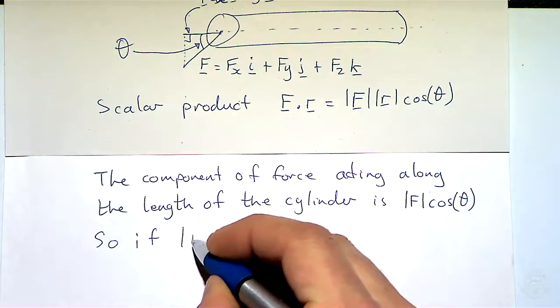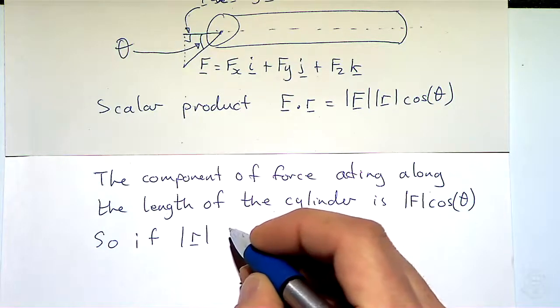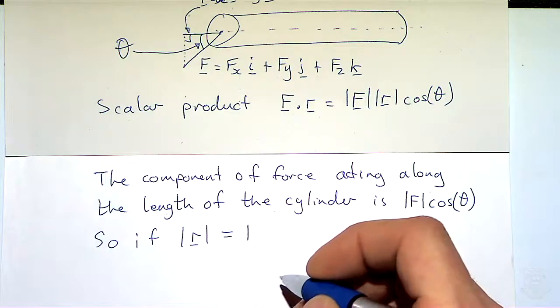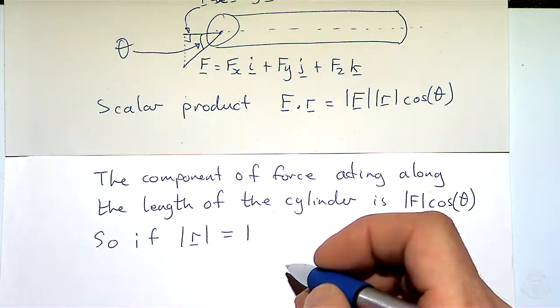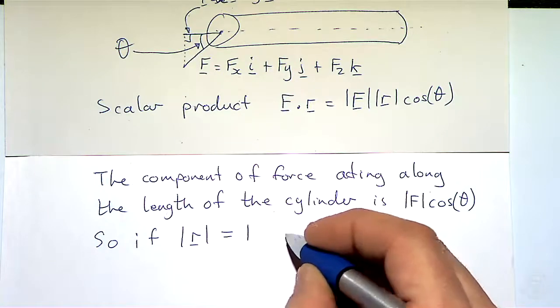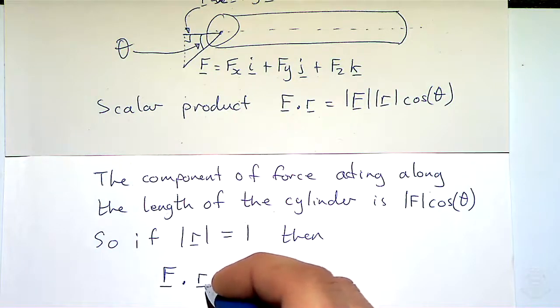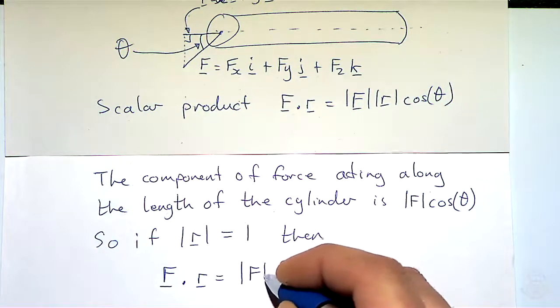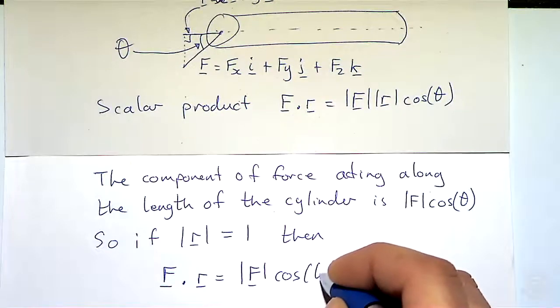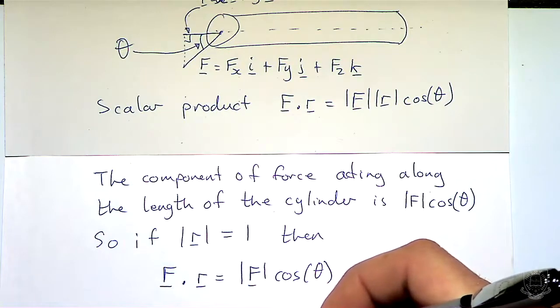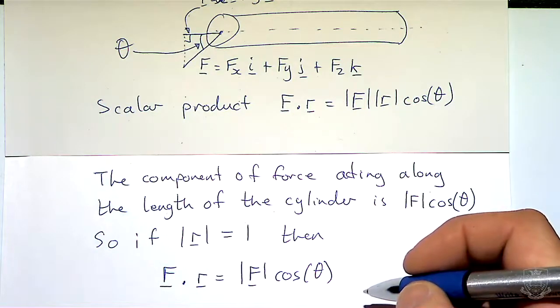If the size of r, which is our vector defining the axis of the cylinder, is scaled so that mod r equals 1, then the dot product F dotted with r is just equal to mod F cos theta, which is the component that we're interested in. And so we can take the actual numbers and multiply that out and find what our force component is.